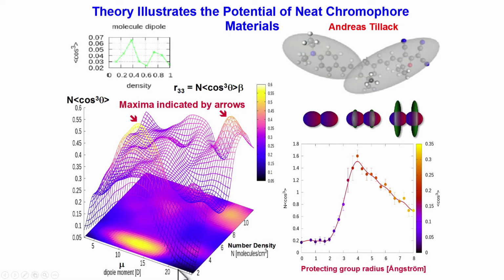But as you go up to higher dipole moment materials, which is what happens if you make better and better chromophores, because dipole moment as well as hyperpolarizability increases for these materials, you find that a second maximum in poling-induced acentric order occurs at higher number density.